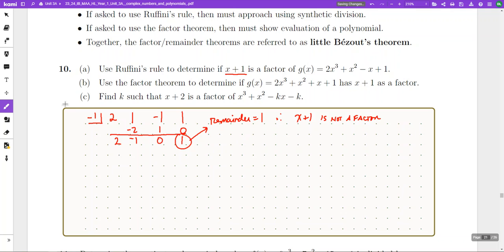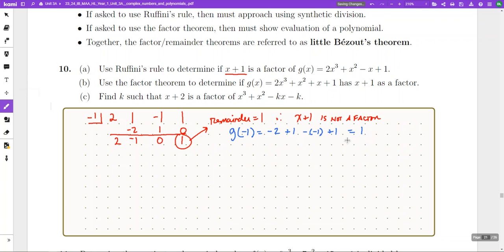Now, I can double check this using other methods, see if my mathematics was correct, and I could really just come in here and say, hey, g of -1, well, g of -1 is going to be -2 plus 1 minus -1 plus 1, which is equal to 1.